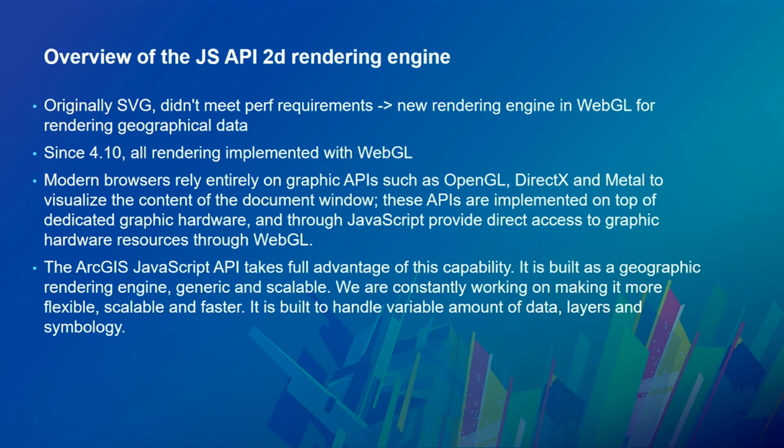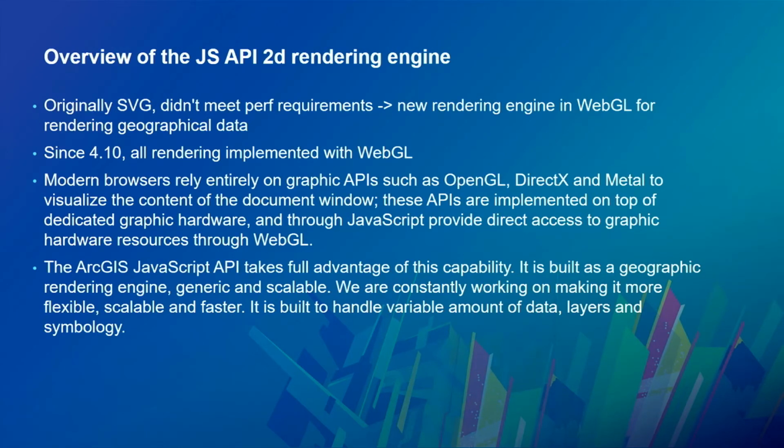For those of you who don't know, WebGL is a JavaScript-based API, which under the hood calls a native API such as OpenGL, DirectX, Vulkan, or Metal. And that in turn communicates with the graphics card, either dedicated or on-chip.